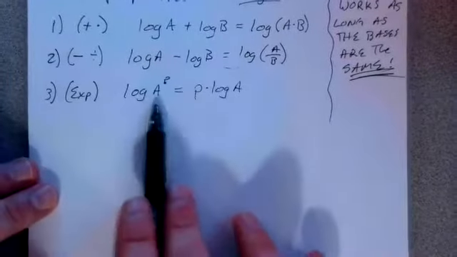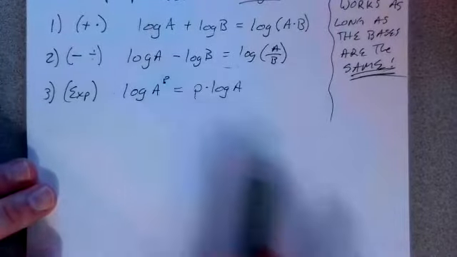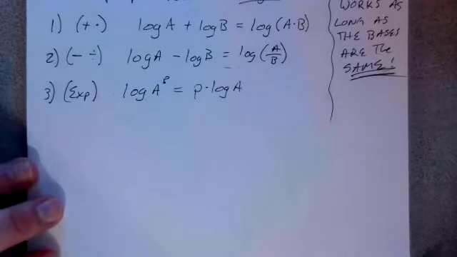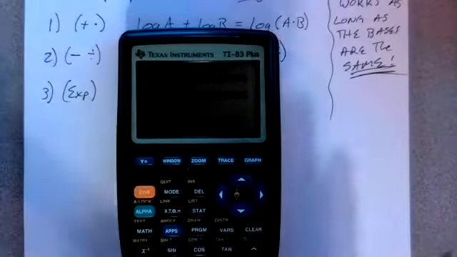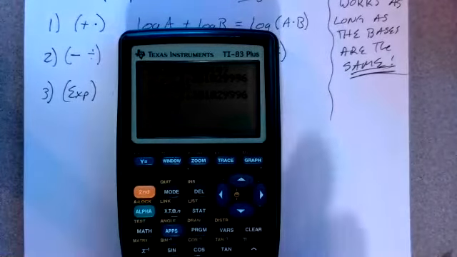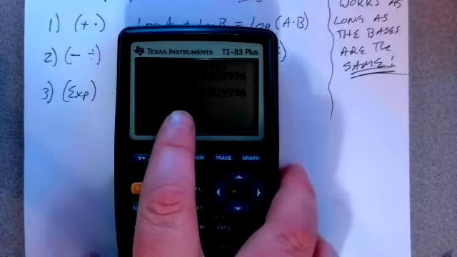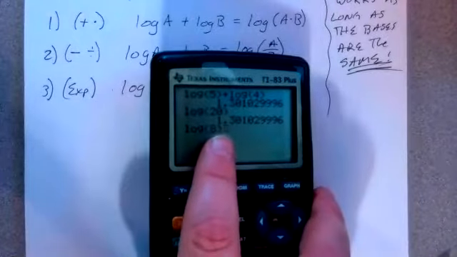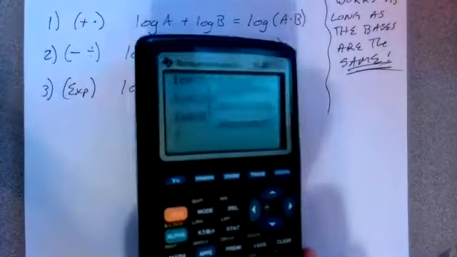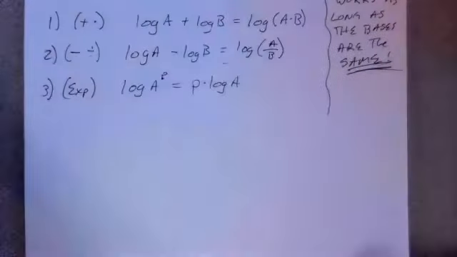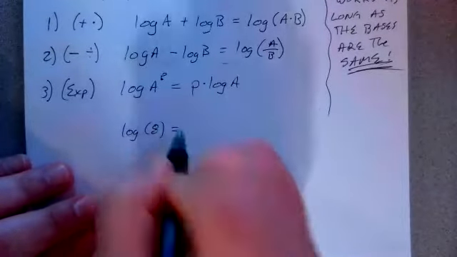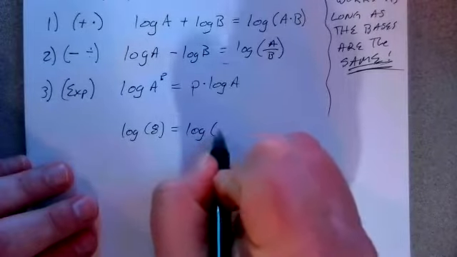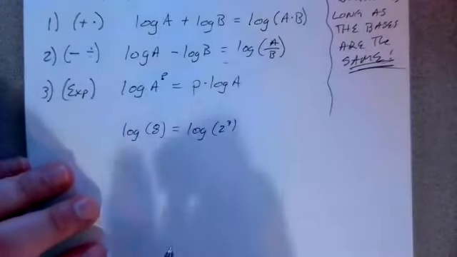So we can take a look at this on a calculator to see. So, you know, like, let's say 2 to the third power is 8, right? So log of 8, 8 is 2 raised to the third power, and we get some number, right? So the log of 8 is the same thing as the log of 2 to the third.